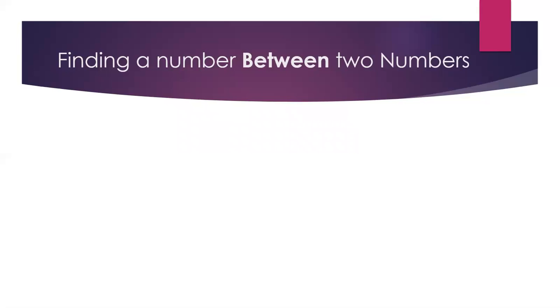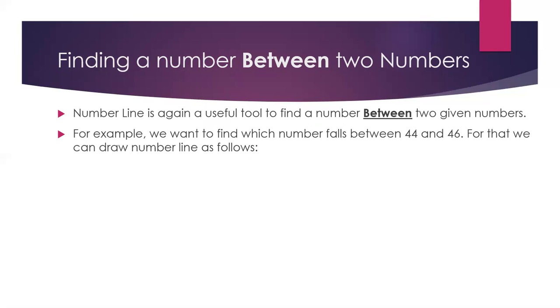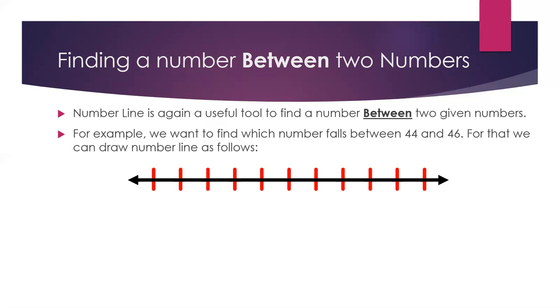So now we are going to find a number between two numbers. Here the number line is again useful to find a number between two given numbers. For example, we want to find a number that falls between 44 and 46. For that, we can draw a number line as previously, and here we have marked the lines with numbers.